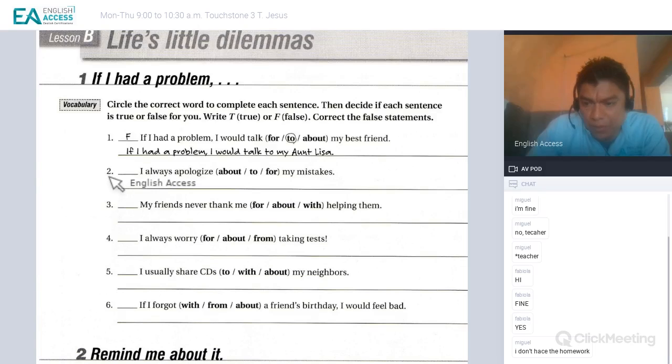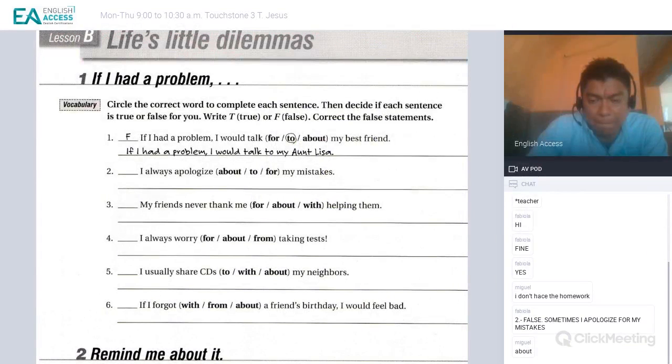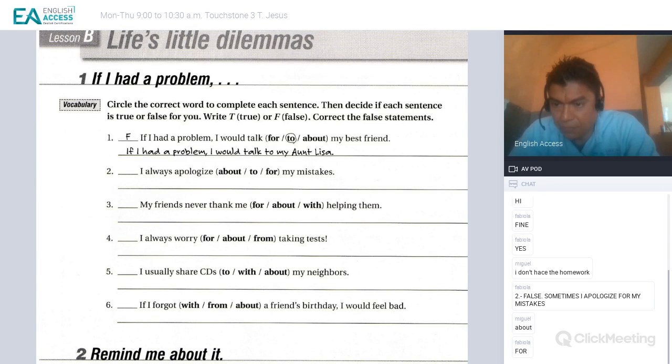So let's go for number 2. Number 2 says, I always apologize. What is the correct preposition? About, to, or for? Fabiola says for.